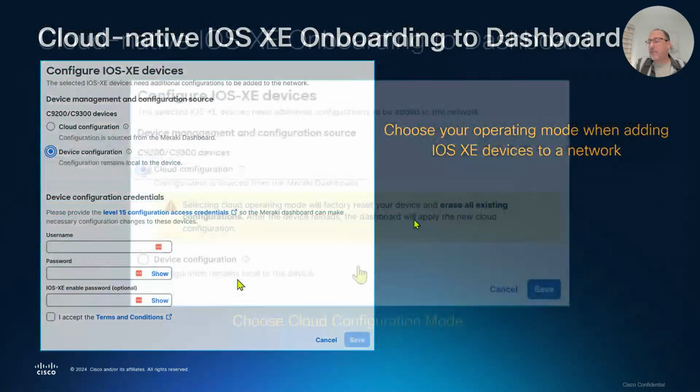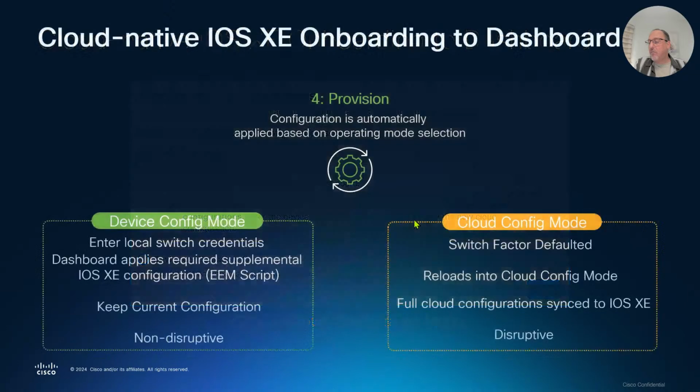The 4th step is just when it's coming up. And again, here's what happens when it's provisioning. Once you select cloud or device, Meraki Dashboard is going to take over. If I chose device mode, what's going to happen is Meraki is going to log in with those local credentials. Then it's going to upload an EEM script to the switch.